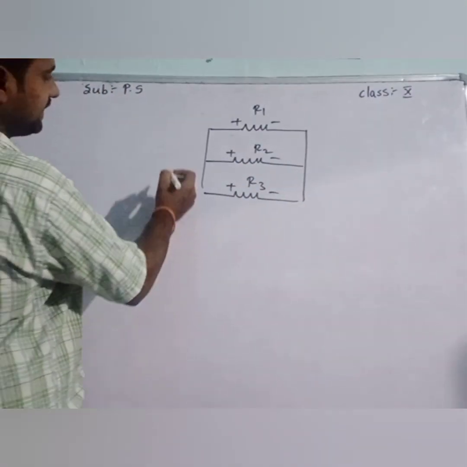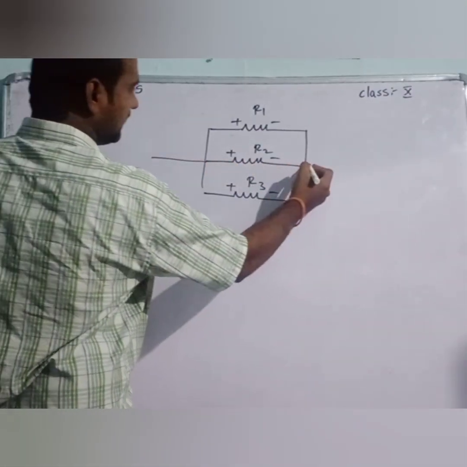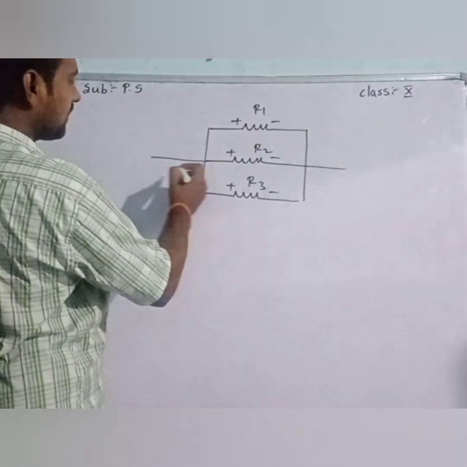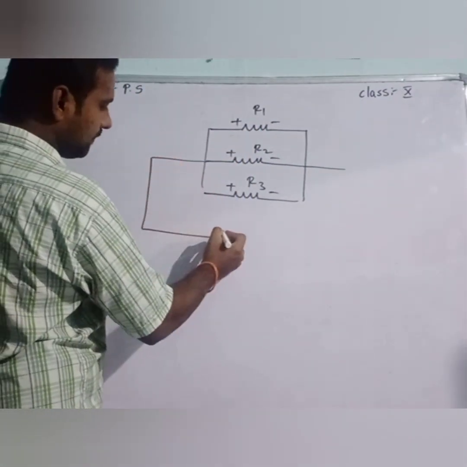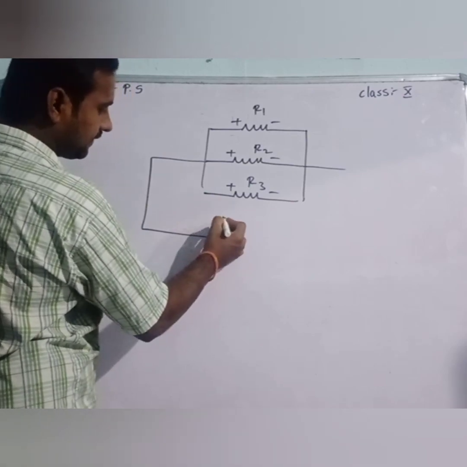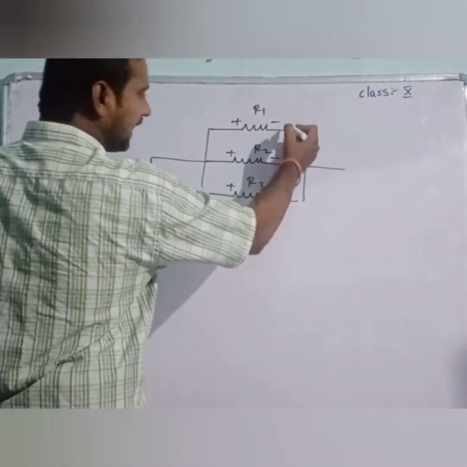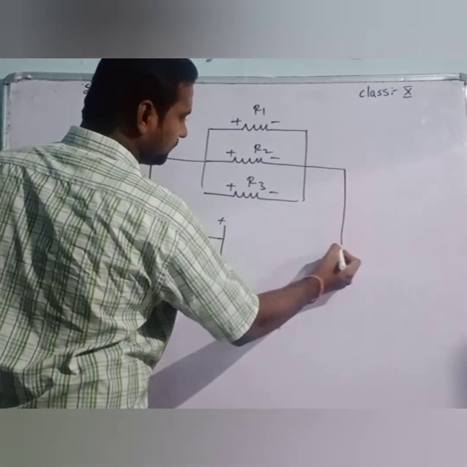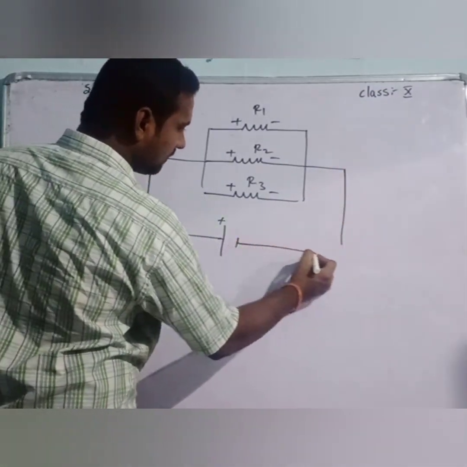Now join the three pluses and join the three minuses. All pluses of the resistors are connected to the positive terminal of the battery and all minuses are connected to the negative terminal of the battery.